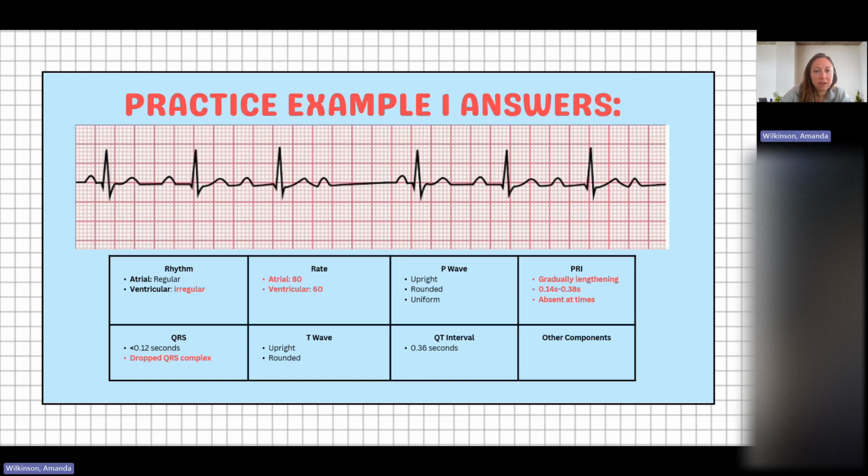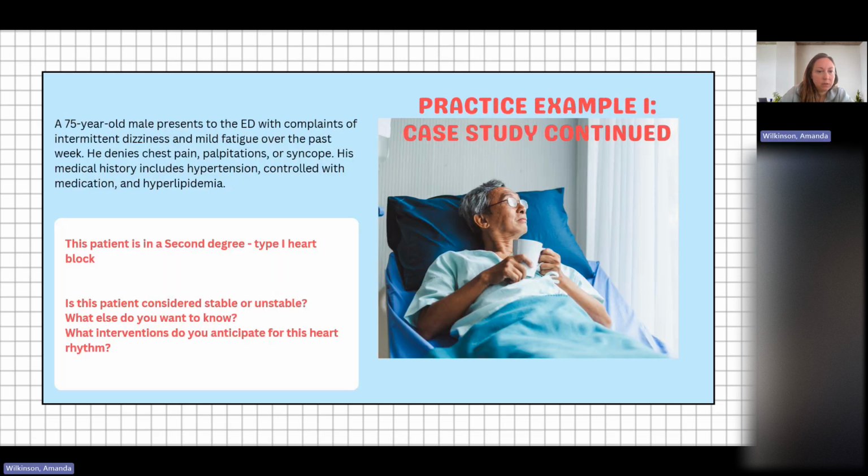There's some answers for you guys, and then we'll move on to some additional questions and follow up. So this patient is in a second degree type 1 heart block. Good job on the chat that I saw pop up. First question we want to ask with this is: is this patient considered stable or unstable?